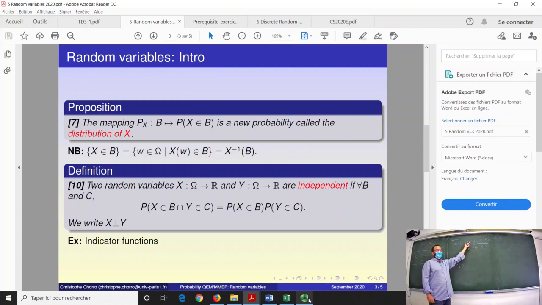Because the set of W belonging to omega such that X of W belongs to the empty set: it's not possible to belong to the empty set, so I have no element. So the preimage of the empty set is equal to the empty set. What is the preimage of all real numbers? It's the set of the W belonging to omega such that X of W belongs to R. What is this set? All of omega. All of them have an image that belongs to the real numbers because X is a mapping from omega into R.